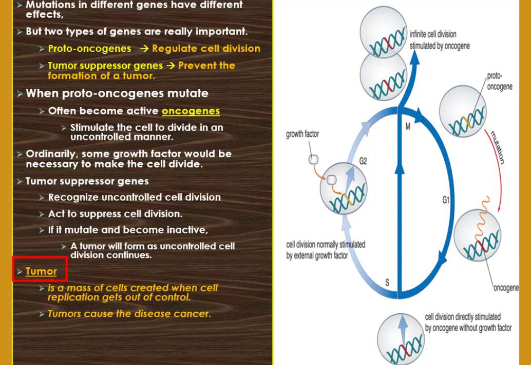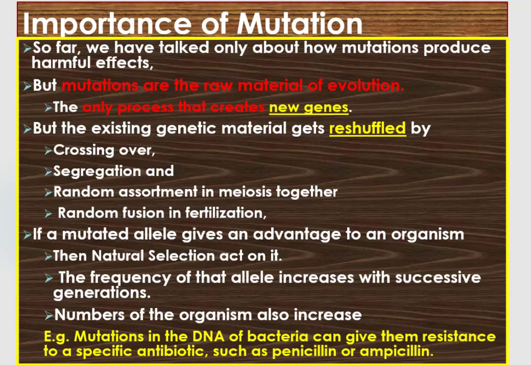Do you know what a tumor means? A tumor is a mass of cells created when cell replication gets out of control or cell replication becomes infinite. Tumors are known to cause the disease cancer. What is the importance of mutation?